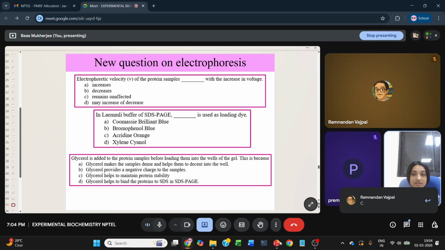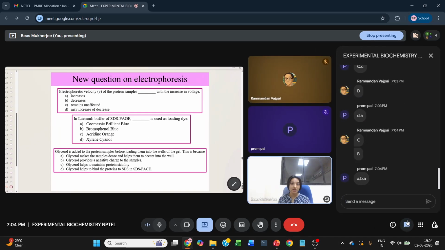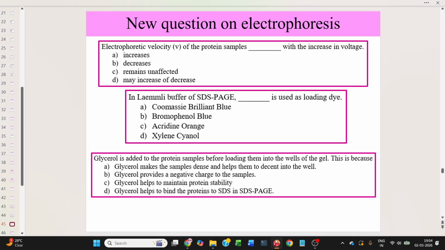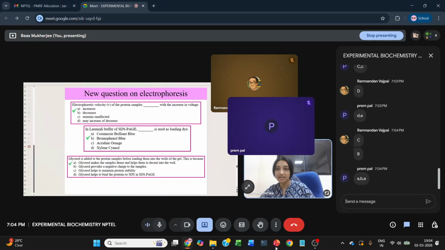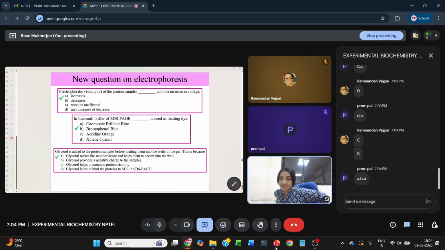C. C, okay. The next one, B. Bromophenol blue. Yeah, so that is correct. And what about the last one? Glycerol is added to the protein. Achha, so you're saying that it is ABA. Okay, let's see which is the right answer. Achha. So yes, that is correct.